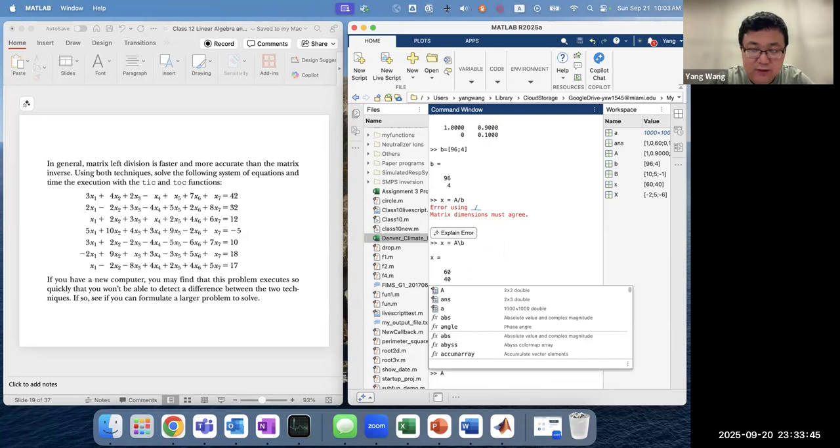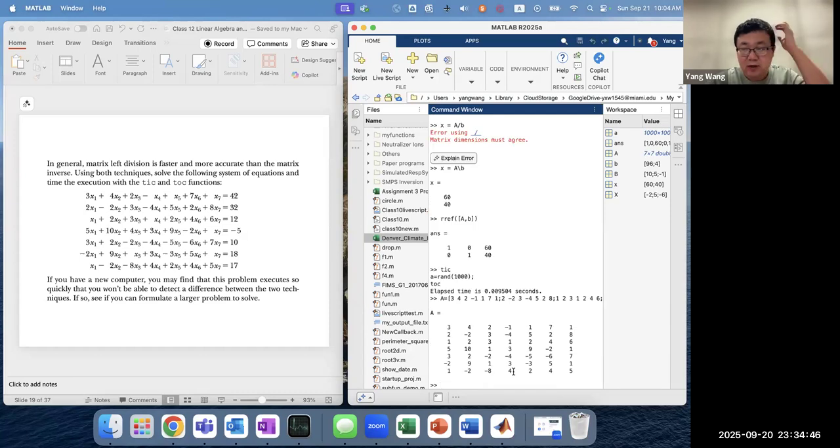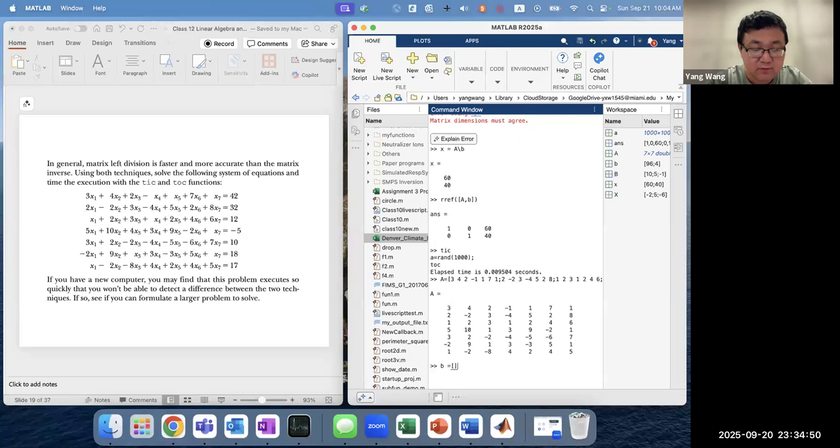Let's first define what A is here. Well, let's try to type in 3, 4, 2, -1, 1, 7, 1. First row 2 minus 2. Okay, so this is our A matrix, and then we can define our B matrix being 42, 32.